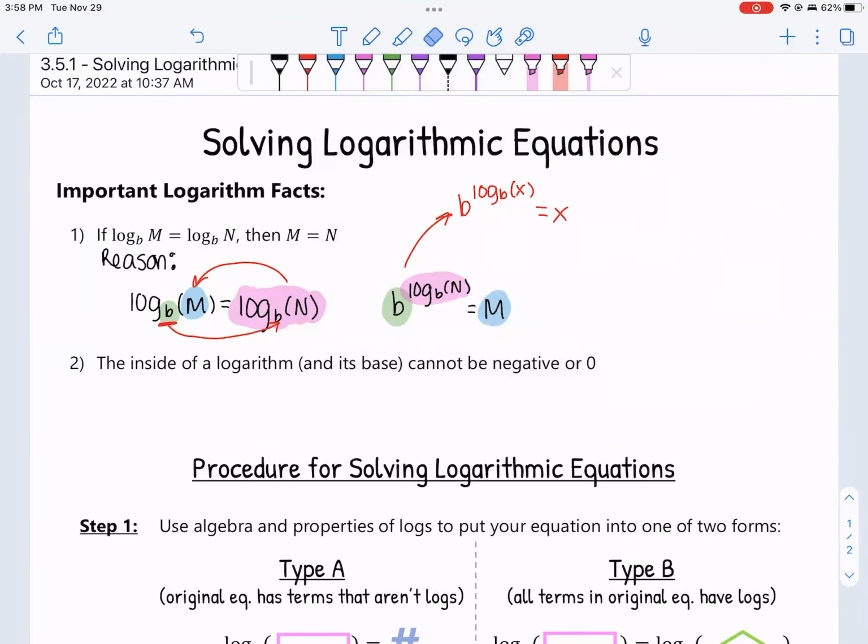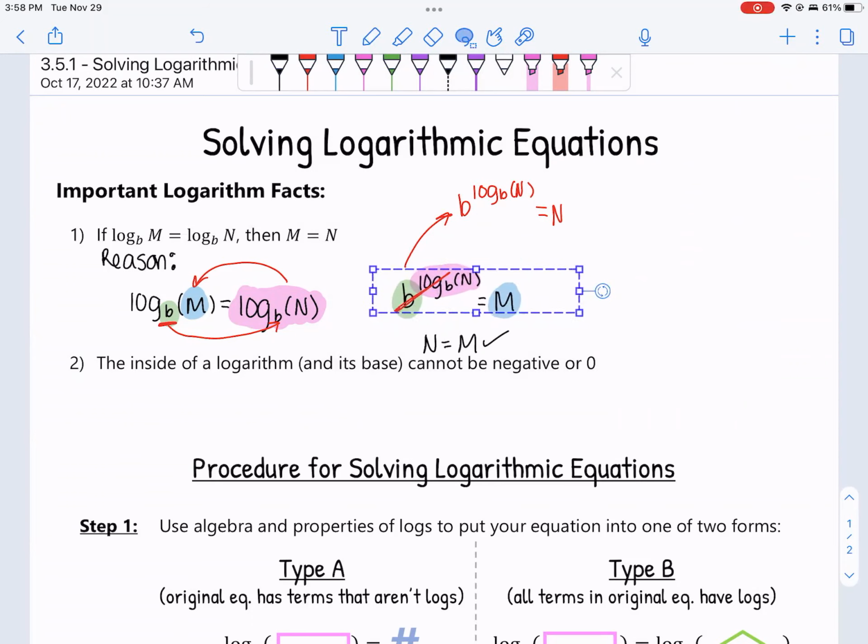In our case, it's not an x, it's an n. But regardless, these things cancel. You're left with n is equal to m, which is exactly what we were hoping for.